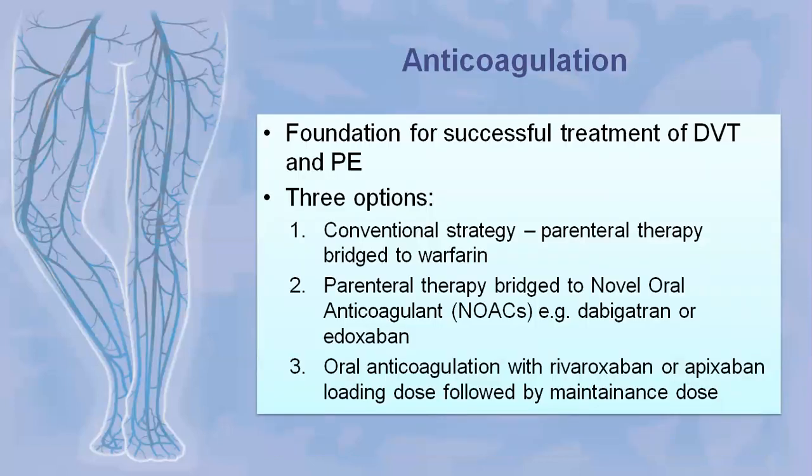Anticoagulation as a form of secondary prevention is the foundation for successful treatment of DVT and pulmonary embolism. You have three options. The conventional strategy where you start first with parenteral therapy, then bridge afterwards to warfarin.